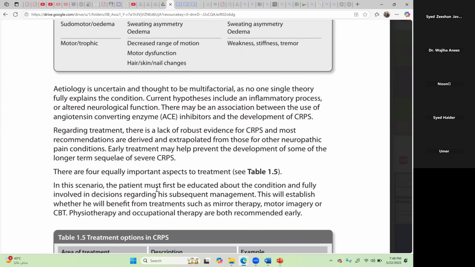So the etiology is uncertain and thought to be multifactorial, as no single theory fully explains it. The current hypothesis is an inflammatory process or altered neurological function. There may be an association between the use of ACE inhibitors and the development of CRPS.